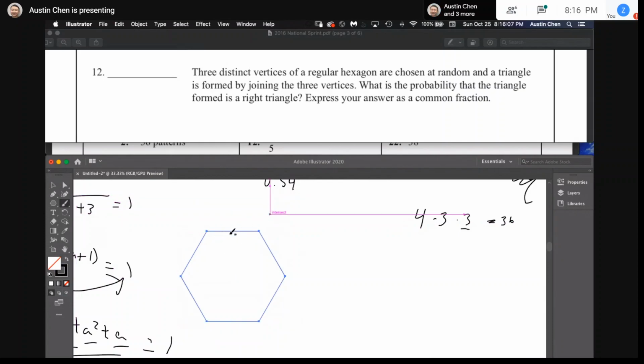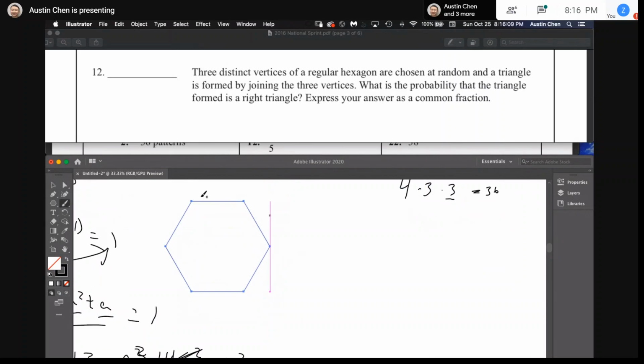So we choose any three vertices, and we want to find the probability that it's a right triangle. So what we should do is find the number of right triangles that can be on this hexagon, and then divide that number by the total number of triangles that can be formed, which is not too bad to figure out. Let's just choose any point, without loss of generality.